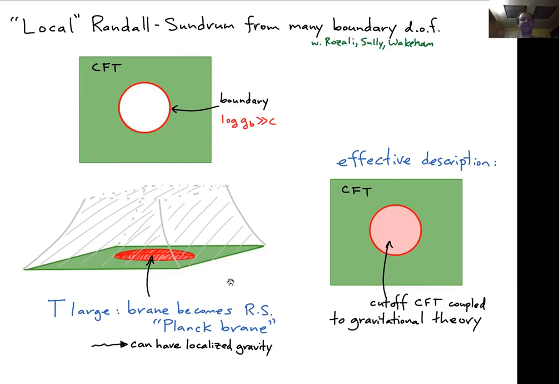Yeah, I mean, I'm sort of appealing to what everyone always said about the Randall-Sundrum picture. If instead of having the brane localized here, I had a gravity picture where you have AdS space and then this Planck brane kind of lives everywhere as a cutoff, cutting off the UV, then people said you can understand that as being a cutoff CFT coupled to the gravitational dynamics of that brane.